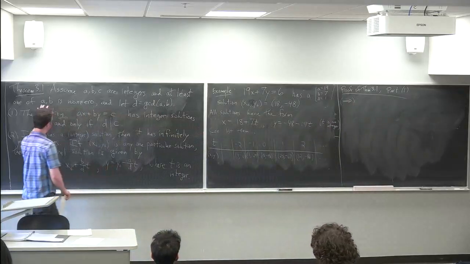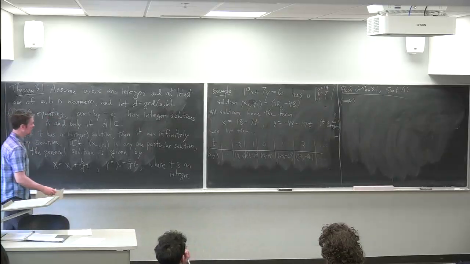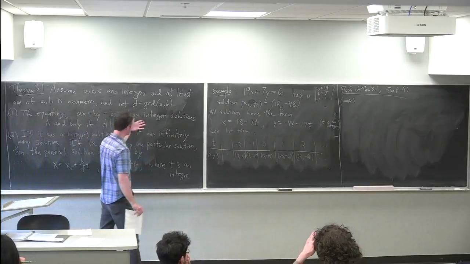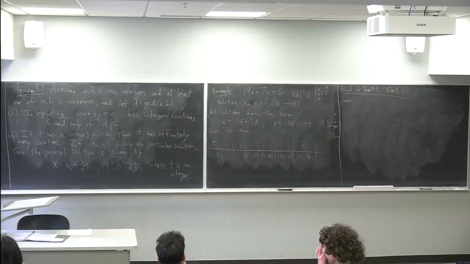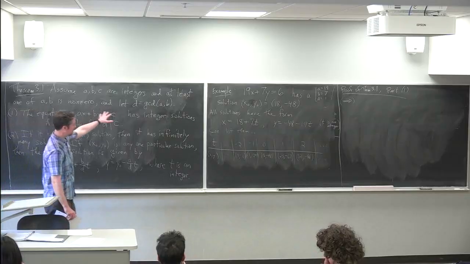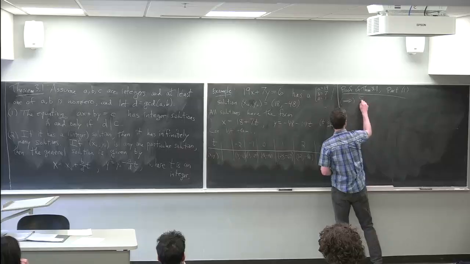What's on the left side of the if and only if is the assertion that this thing has integer solutions. What it really means is that an integer solution exists. There's at least one. So that's really an existence statement.